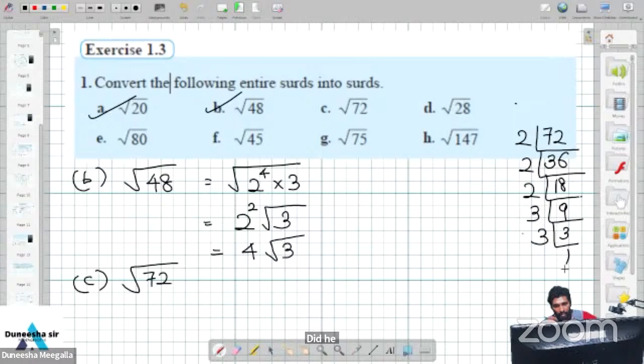Then how can we write 72 in index form? 2 to the power 3 into 3 to the power 2.